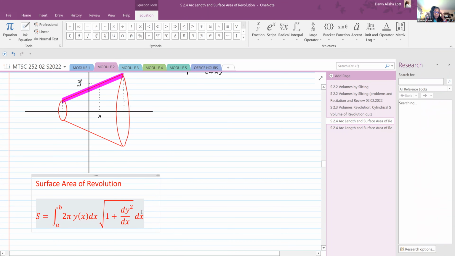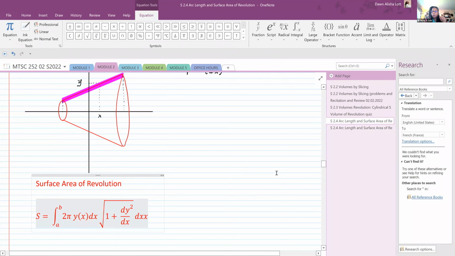Okay, so that is my formula for surface area of revolution.